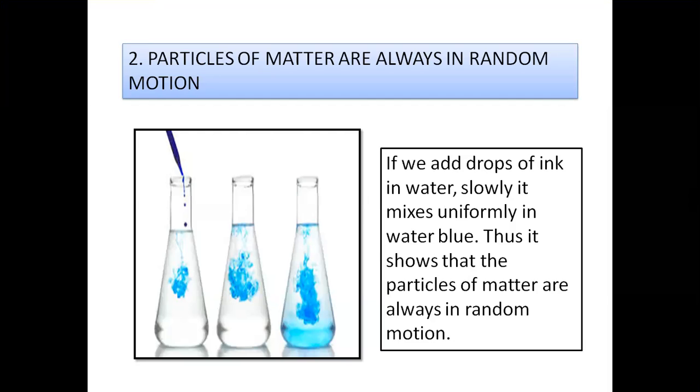In the diagram shown over here, students, I have taken a flask, and in that flask I have put a few drops of ink, and after dropping the ink, what do we observe?